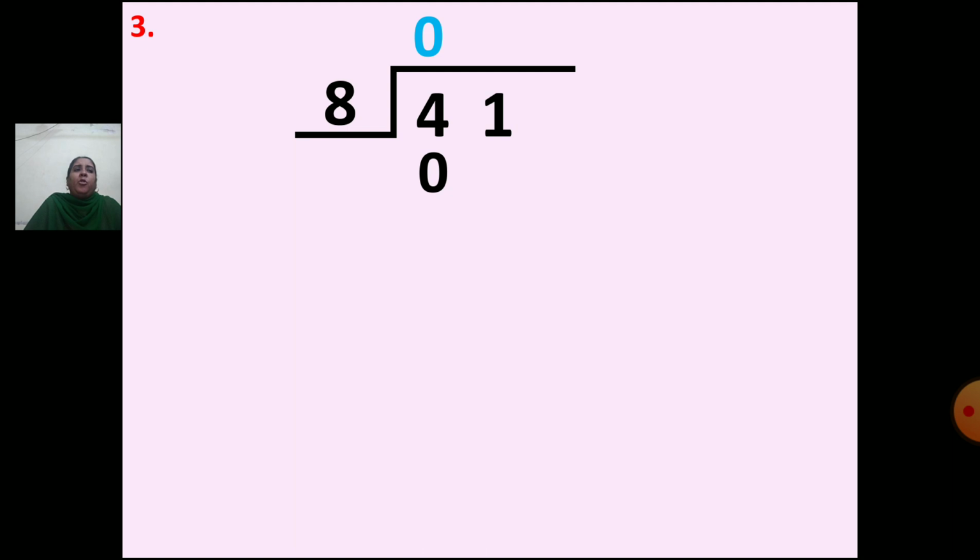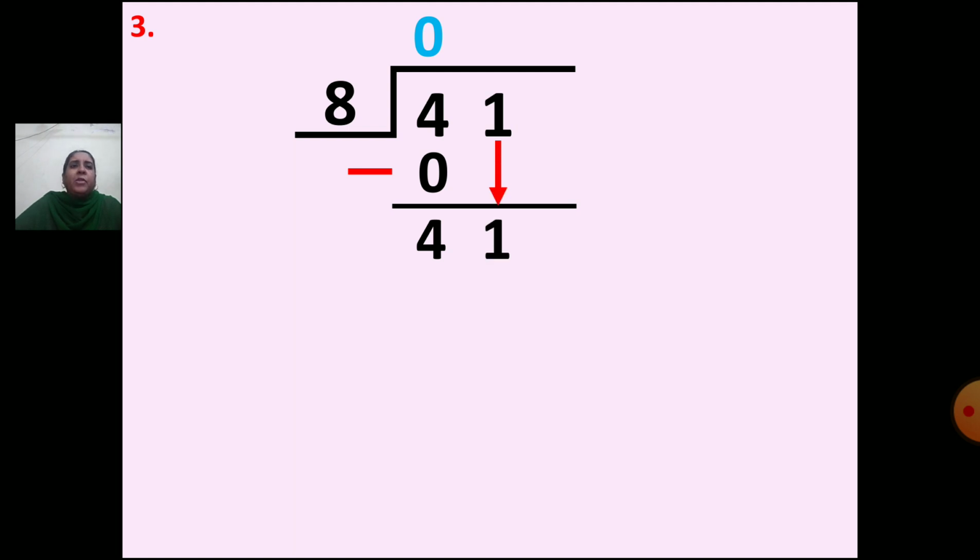Below 4 you will write 0. Okay. 0 is less than 4. Now you will put the sign of minus. Now you will draw one line. Now 4 minus 0. What will you get? 4. Okay, out of 4 you are not cutting anything. So 4 minus 0 will be 4 only. Now you will bring the next number down. You will bring 1 down.